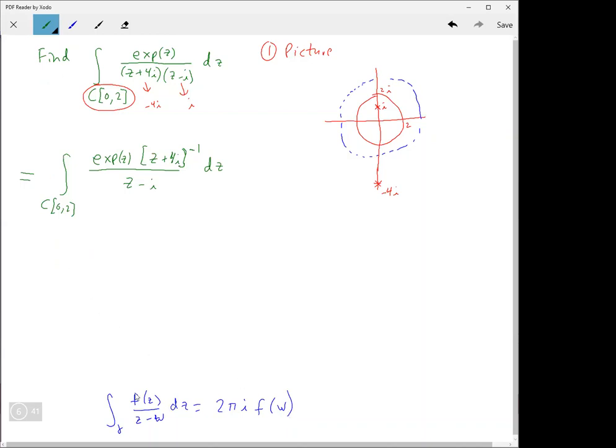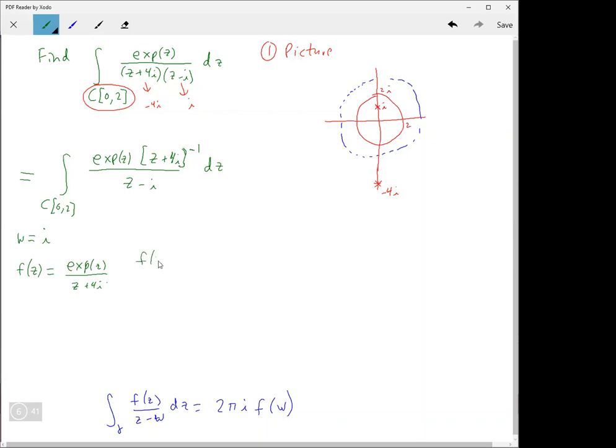So in Cauchy's integral formula, what's our w going to be? i. Exactly. And then what's our f going to be? Exponential of z times z plus 4i to negative 1. Yeah, the exponential of z over z plus 4i.